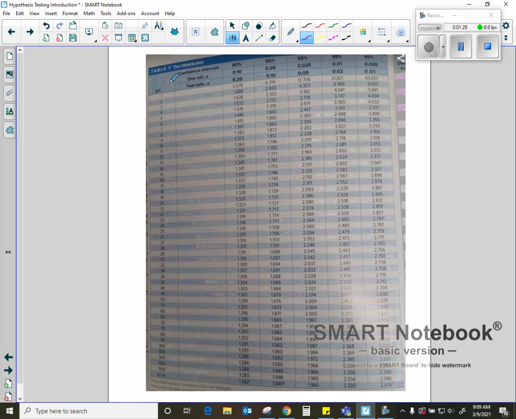On table F, if you have a one-tailed test, you've got to make sure that you look across the one-tail line. If you find alpha equals 0.10, as we said, on a one-tailed test, we are not doing degrees of freedom. You ignore everything here and you drop down to the bottom, to this infinity column that I just scribbled over the top of.